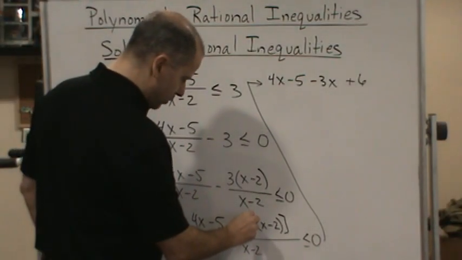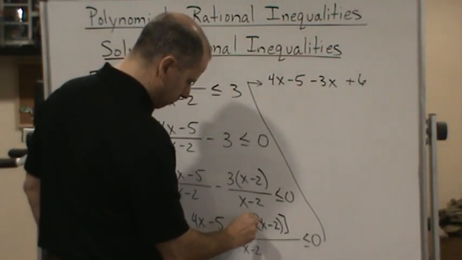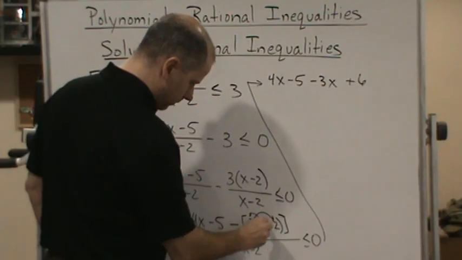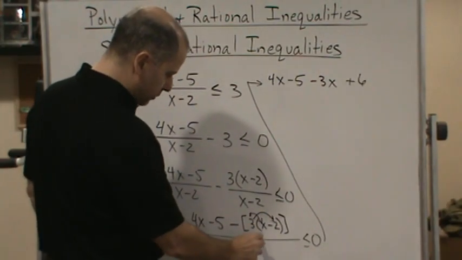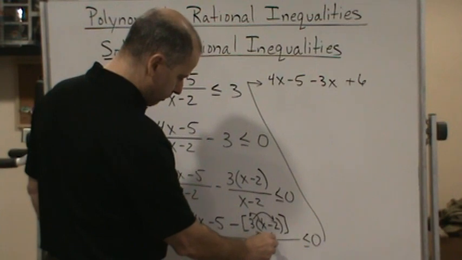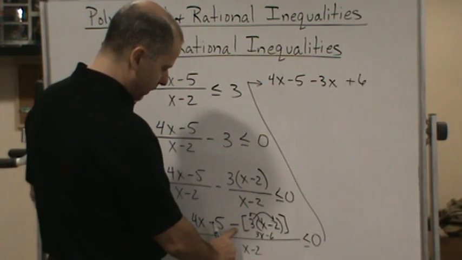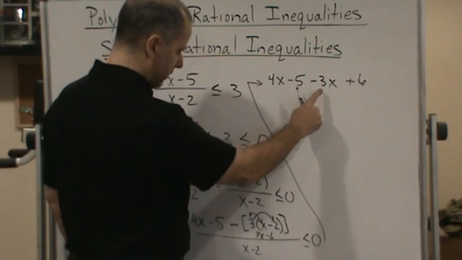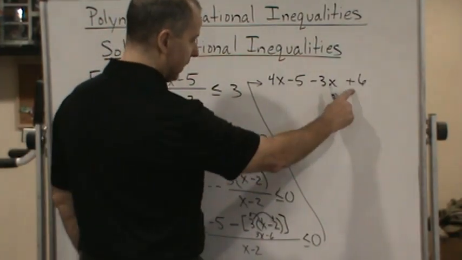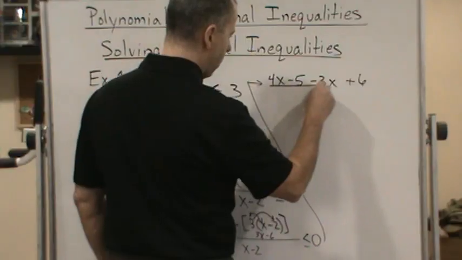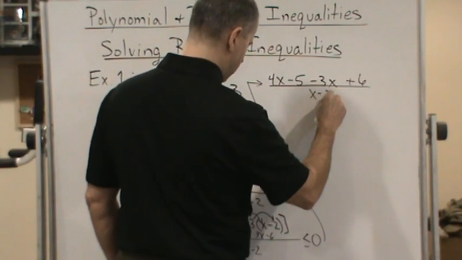All I did was distribute the 3. That gives me 3x minus 6, and then when I distribute the minus sign, I get minus 3x and then plus 6, okay? And that's all going to be over x minus 2.